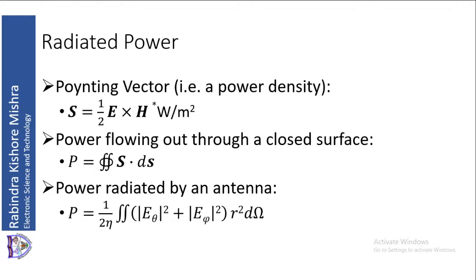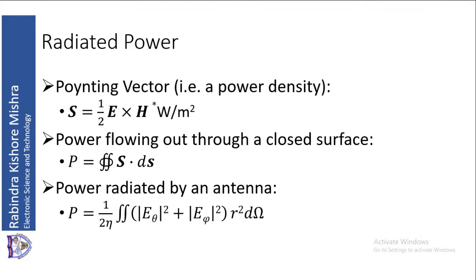When you multiply E with E star, that gives you mod of E. There are two components, the E theta component and the E phi component, so you get |E theta|^2 plus |E phi|^2. That gives you the power radiated by an antenna.